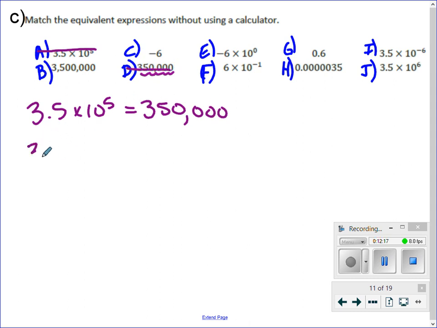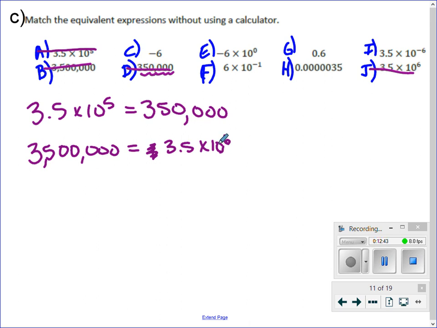3.5 million. Well, it's written 3,500,000. E is equivalent to a big number with 3.5. This is a decimal, not that. This is also a decimal, negative. It must be this, J, 3.5 times 10 to the 6.